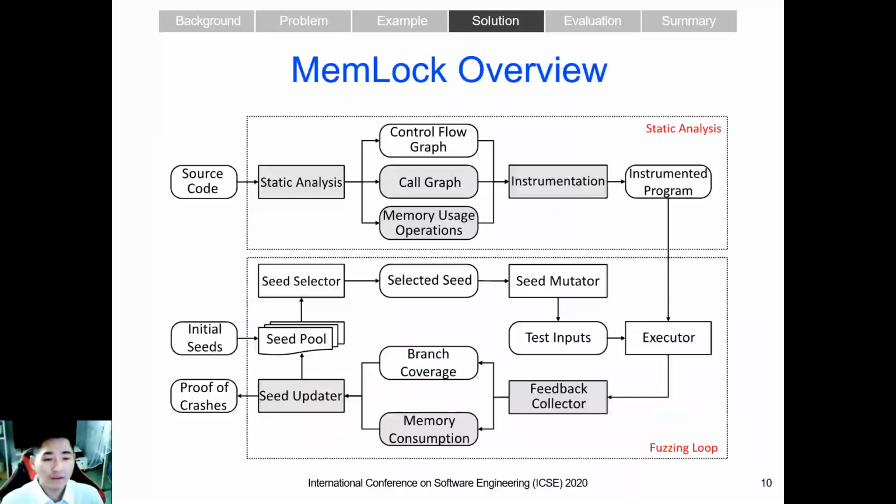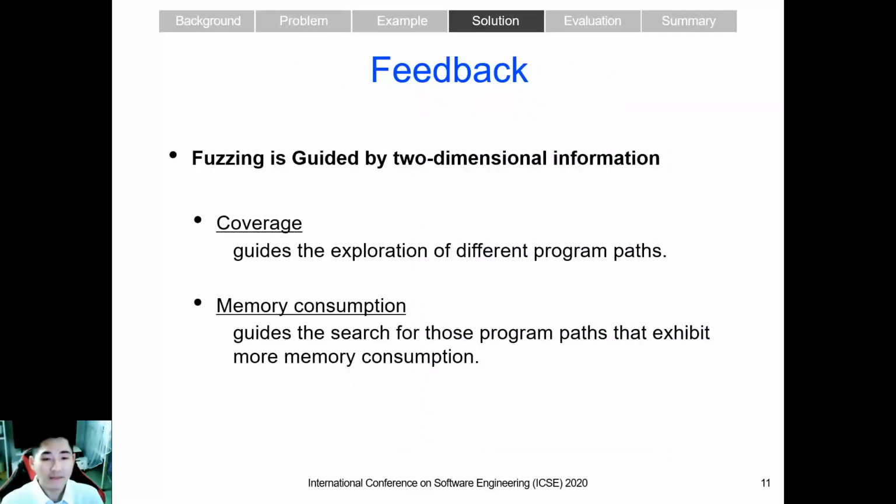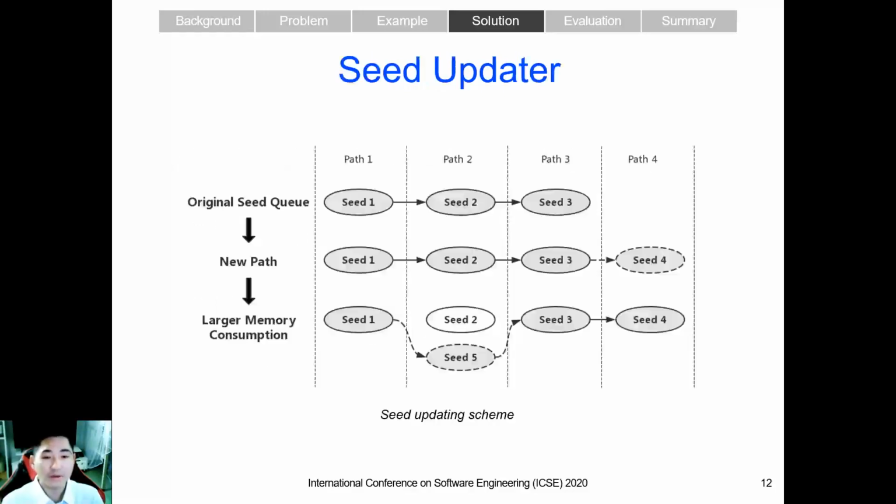After instrumentation, MemLock runs the program with generated inputs, collects their memory consumption information, and sends interesting inputs into the seed queue through a queue updater. Specifically, the fuzzing process is guided by two-dimensional information, the coverage information and the memory consumption information.